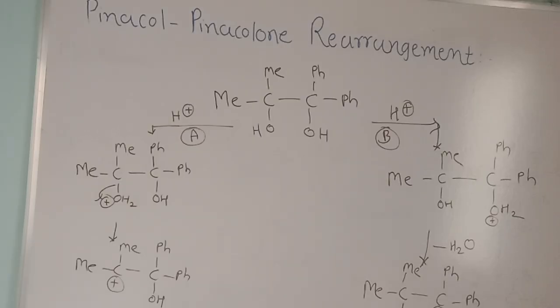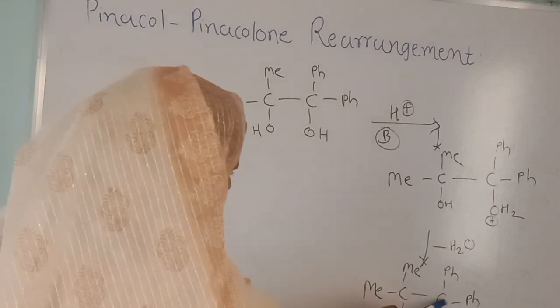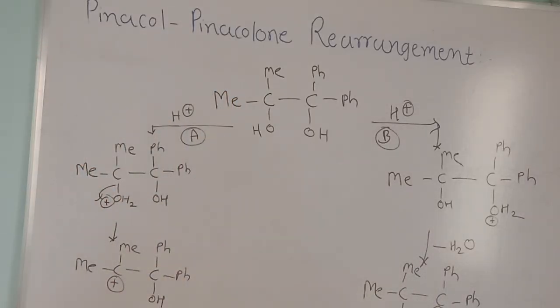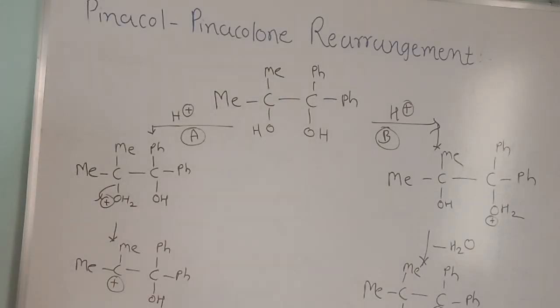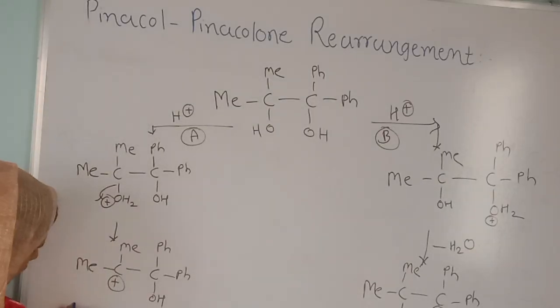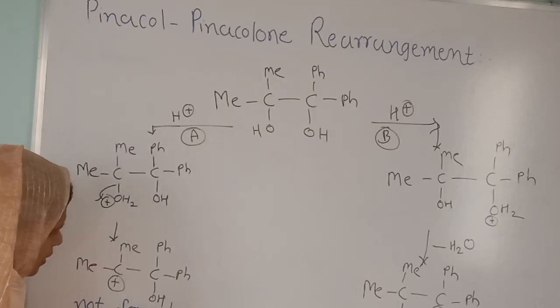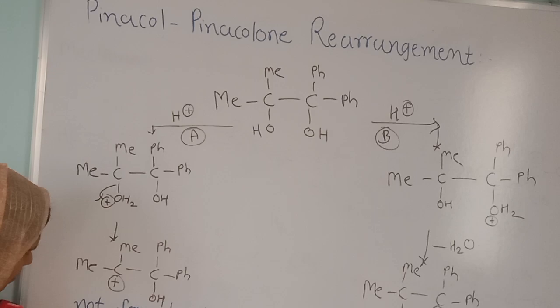Now, which carbocation will be more stable? It is a tertiary carbocation, but here this carbocation has two phenyl rings, therefore it is more stable. This compound will not be formed because it has the least stable carbocation.